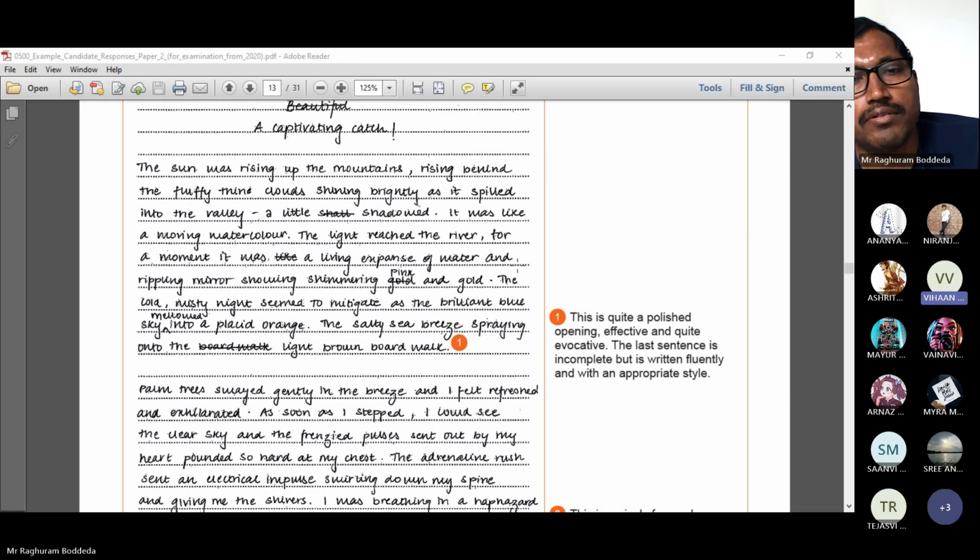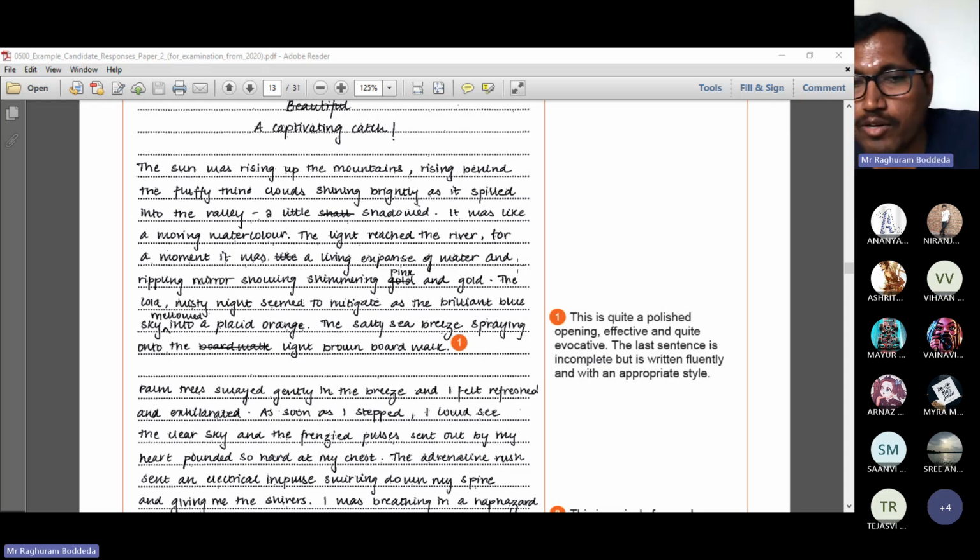For a moment, it was a living expanse of water, a rippling mirror shimmering pink and gold. The cold misty night seemed to mitigate as the brilliant blue sky mellowed to a blood orange. The salty sea breeze spraying onto the light brown boardwalk.